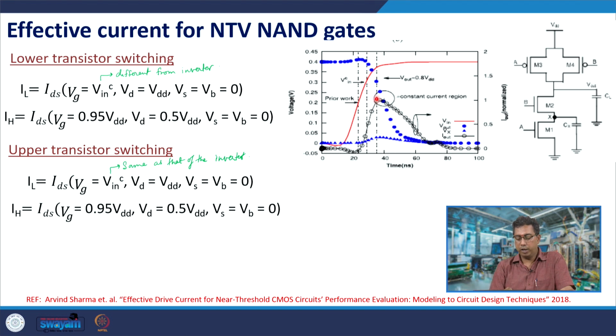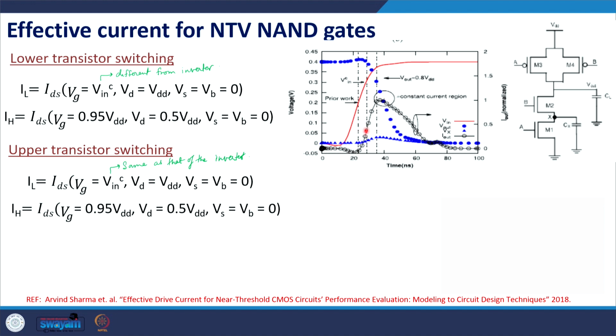From V in C to 80% of the output discharge, there is a linear increase in the discharging current. This is the same for the inverter, for upper transistor switching in a NAND gate, and for lower transistor switching in a NAND gate. The only thing is that the value of V in C keeps changing for all 3 cases.